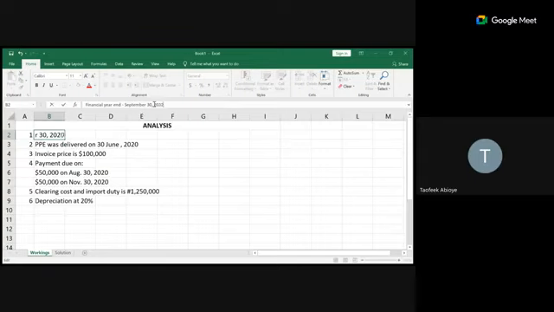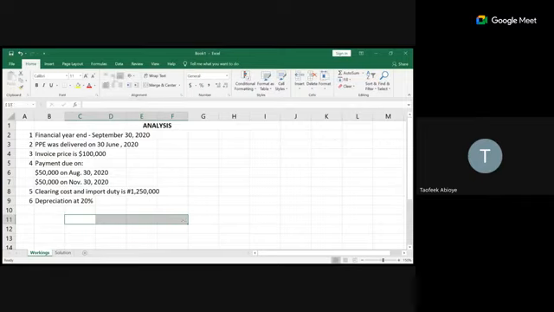So number one thing when we are solving IAS 21 is the exchange difference. Please let us take note. Very, very important: when you are dealing with IAS 21, it is the exchange difference that is key.